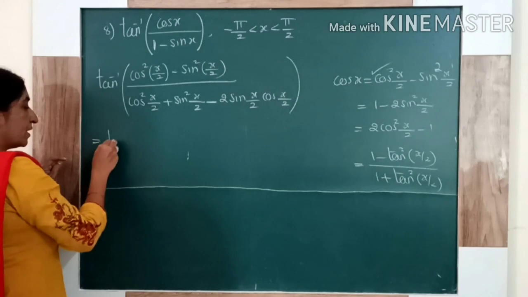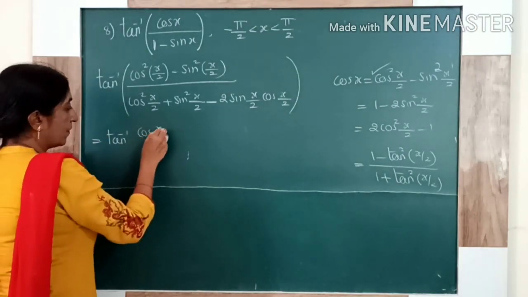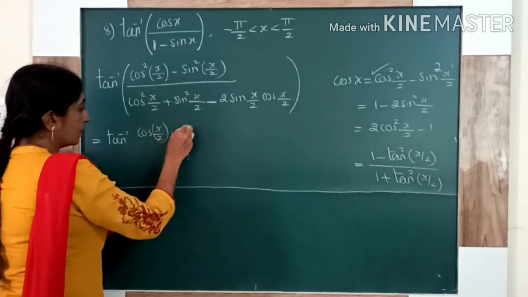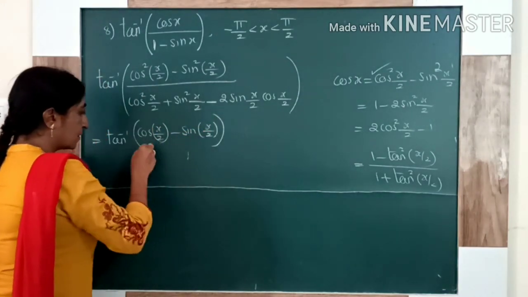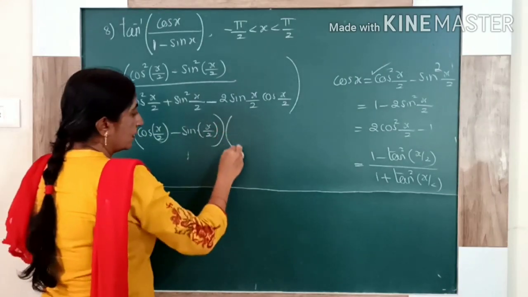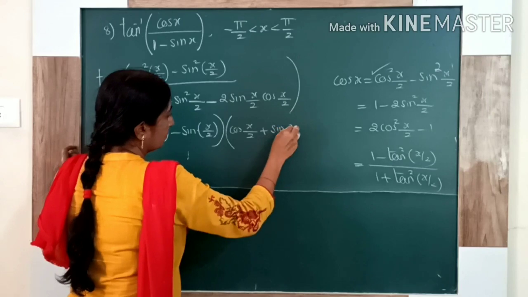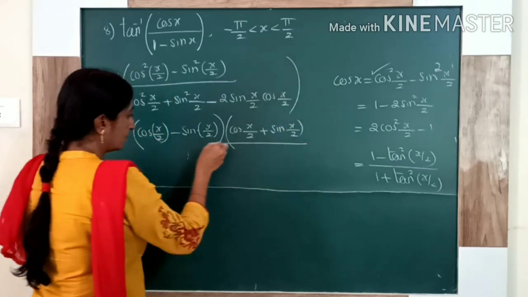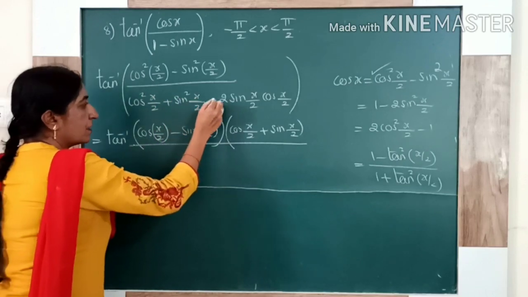See the numerator, it is in the form of a square minus b square, that is a minus b and a plus b. This is minus and the next one will be with plus. Now it is a square plus b square minus 2ab.